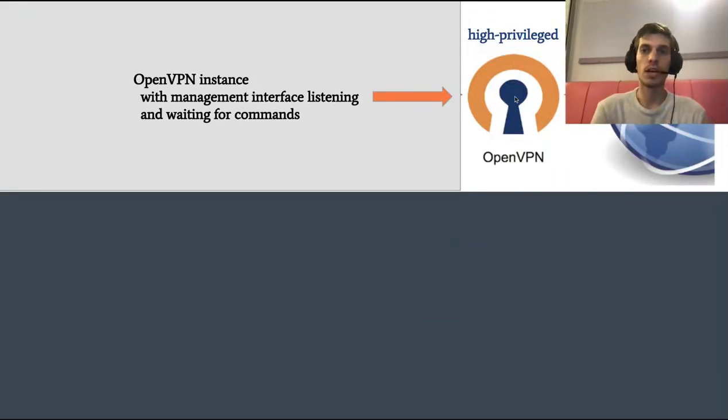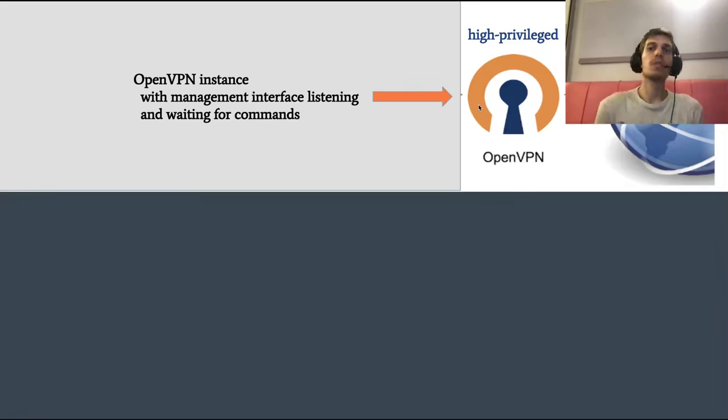We have OpenVPN, which is initially started as a high privileged service. When we're talking about Windows-based machines, usually OpenVPN is configured to run with high privileges, and the OpenVPN instance is waiting, using the management interface feature, for commands.